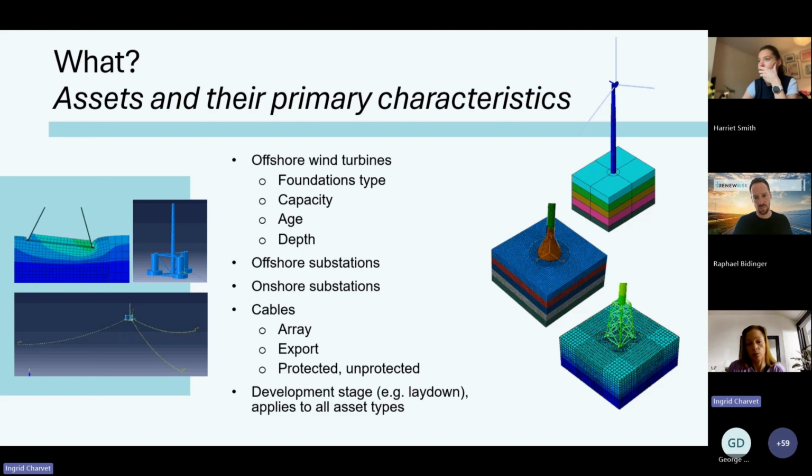If we look at cables, array cables, for example, have a small cross-section, they're quite flexible, and they're mechanically less robust than an export cable. So that's why we need to model them separately.